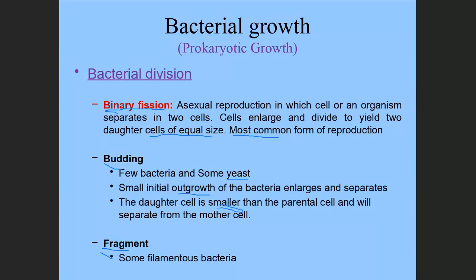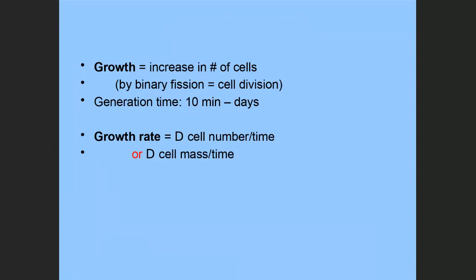And now I'm going to bring in the last slide of this morning. Growth of bacteria will be taken as an increase in the number of cells. It is not necessarily an increase in size, right? And the generation time, which I was talking about, is the time required for the number of cells to increase.